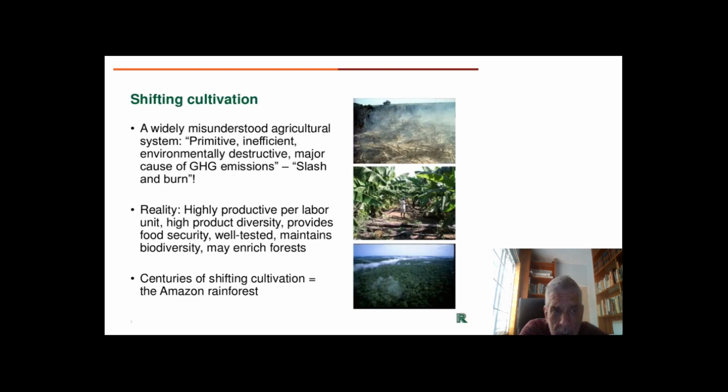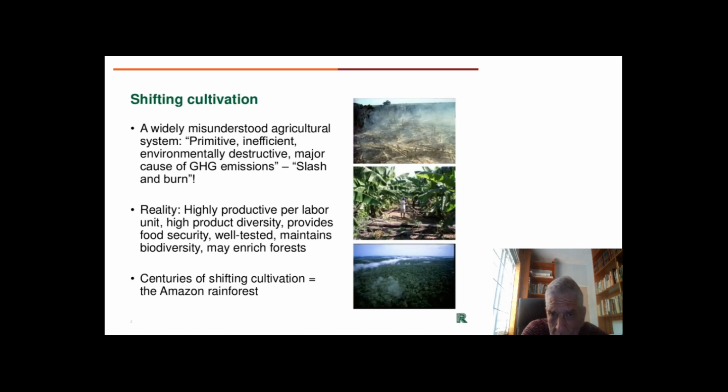So this is something said about shifting cultivation. It's a widely misunderstood agricultural system. People believe it to be primitive. Well, it is primitive. That part is correct. Destructive, and that's not correct. Major cause of greenhouse gas emissions, and that's total nonsense.